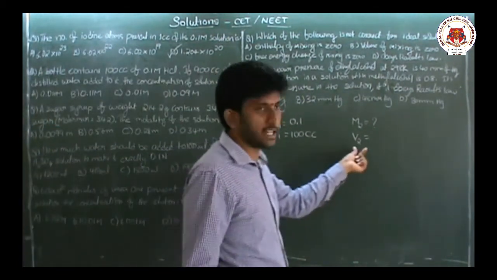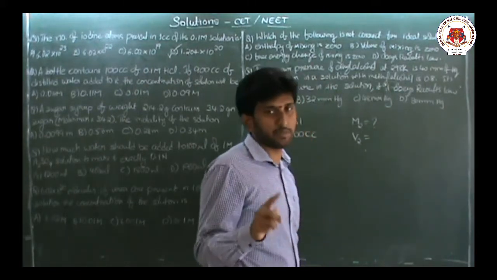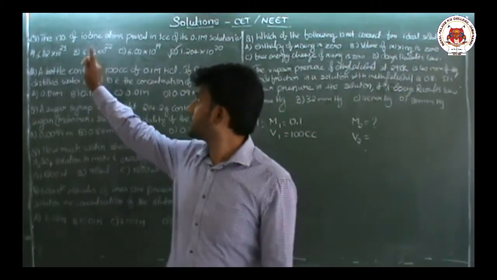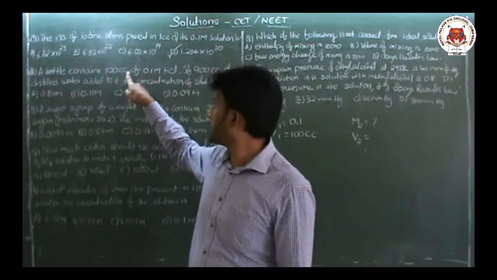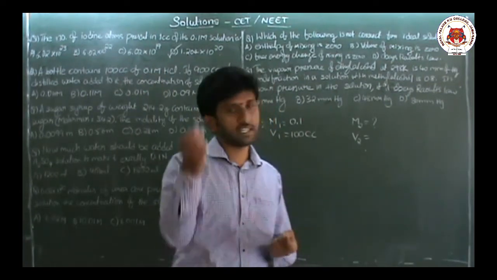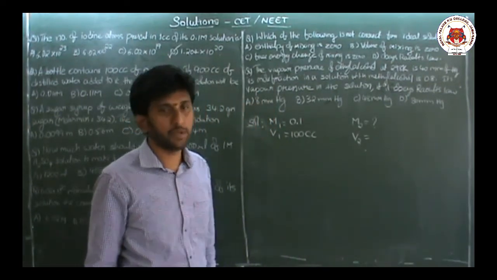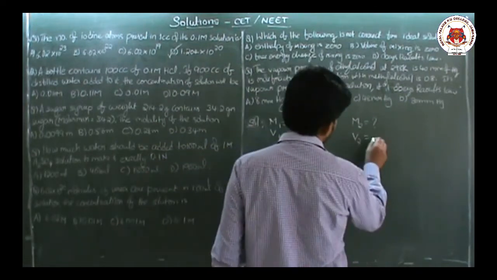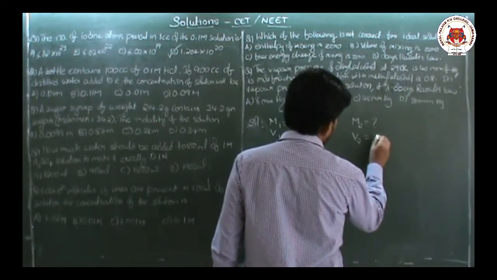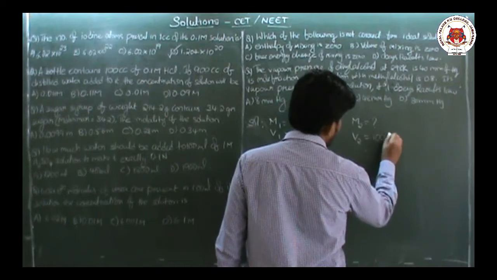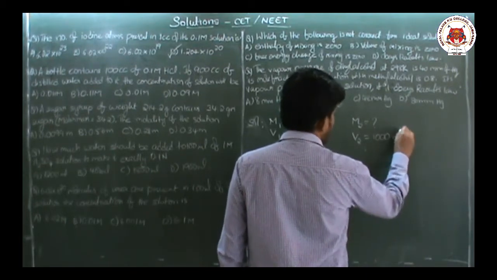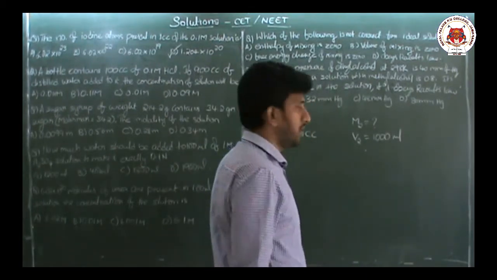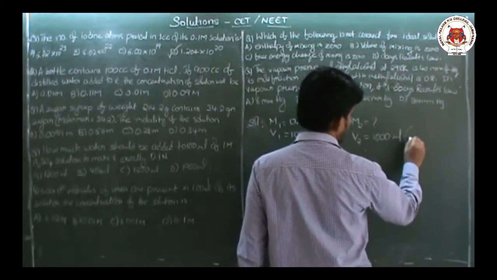Means what should be the final volume? Final volume must be equal to the already existing 100 ml or 100 cc plus the extra 900 ml. So the total volume in the bottle right now is 1000 cc or 1000 ml.